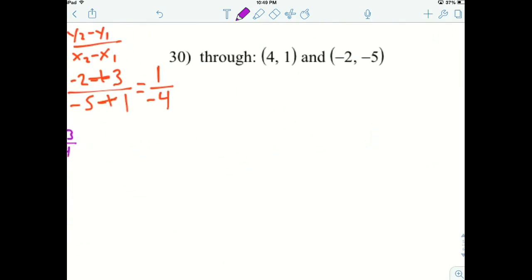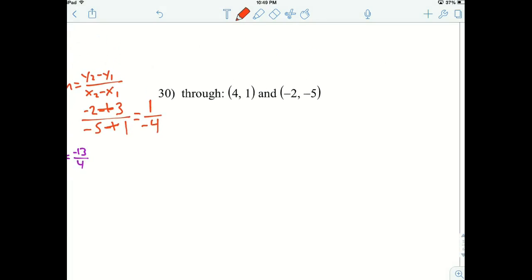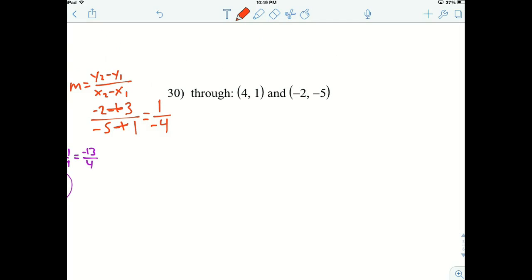And then this last example here, we are given points again. This time I'm going to try to calculate my slope right away. My points are going to be named x1, y1, x2, y2. And my formula says take the y2 minus the y1 over the x2 minus the x1.